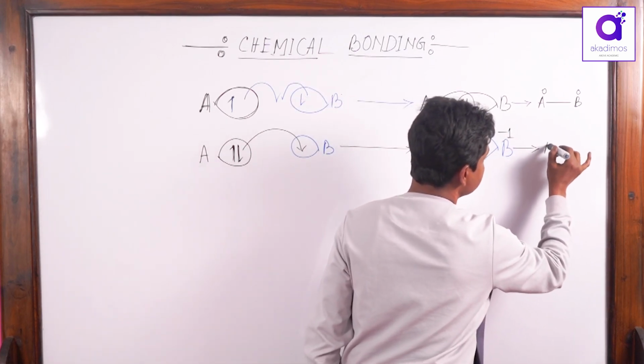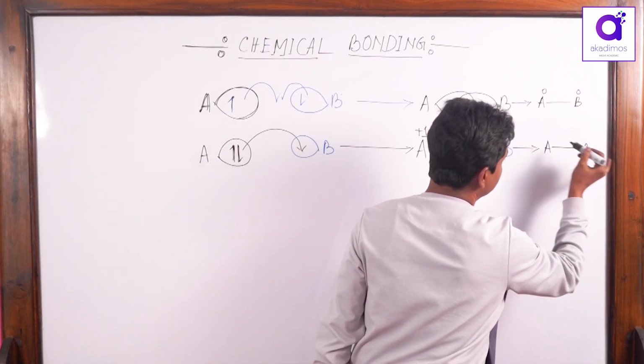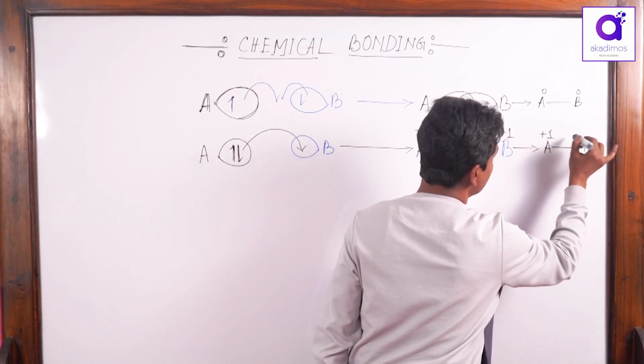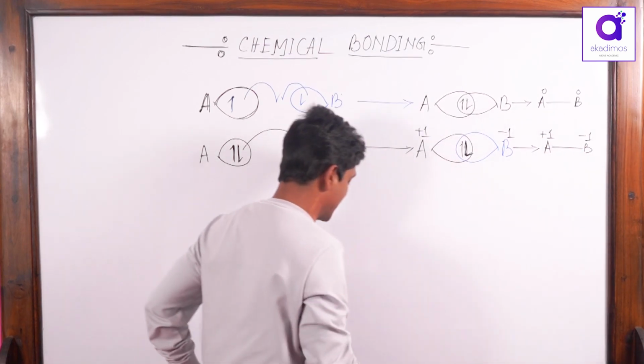And you can write it A, B, A with formal charge plus 1, B with formal charge minus 1.